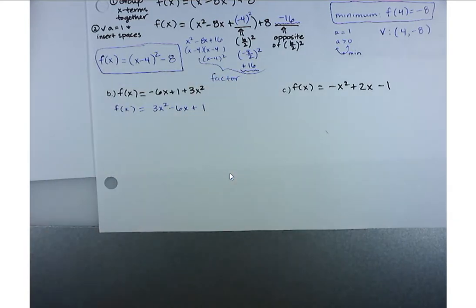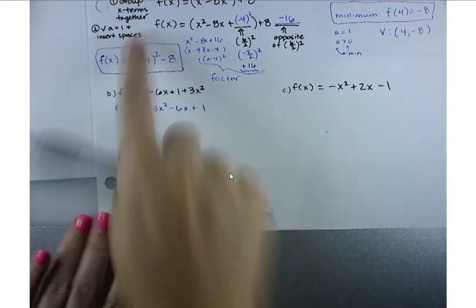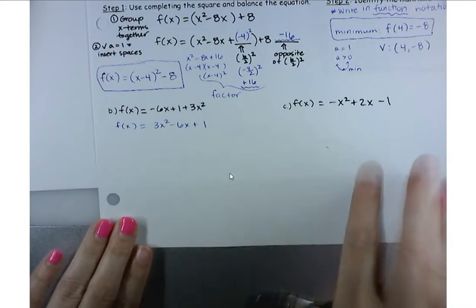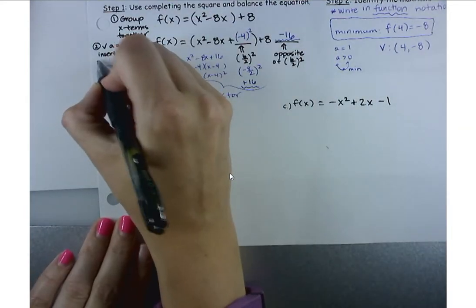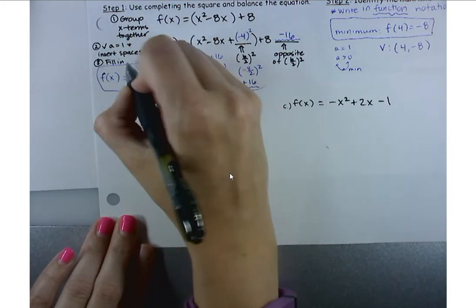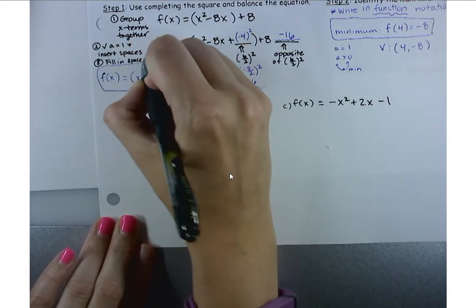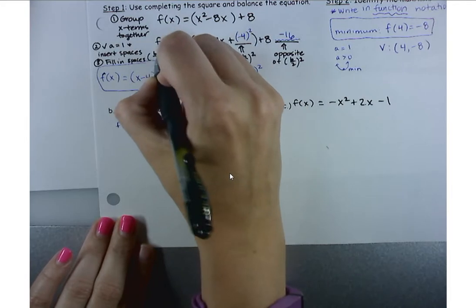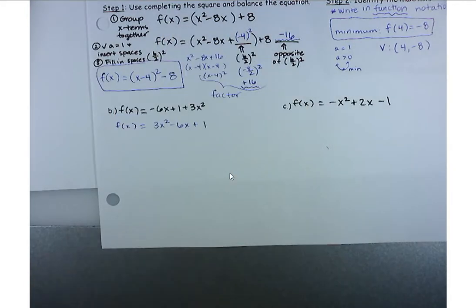And then, your step 3, I didn't write this down up here. Your step 3 is to fill in spaces, and that's where you use the b over 2 squared. If you want to add that direction in there, you are welcome to do so.